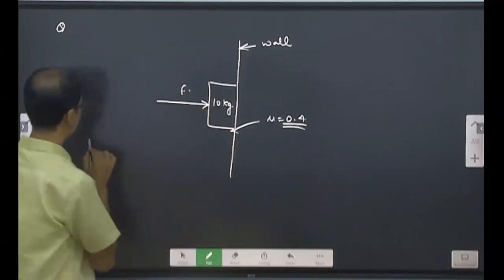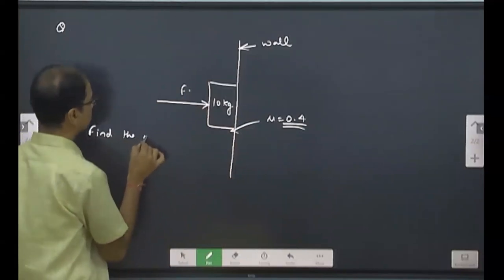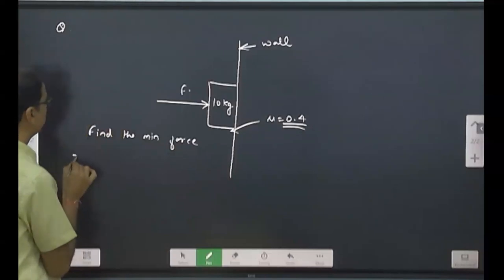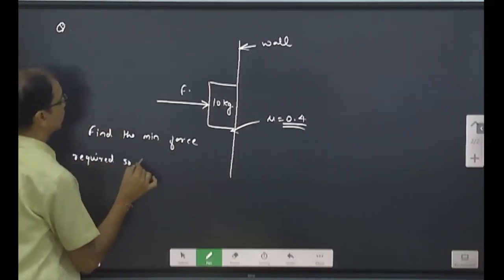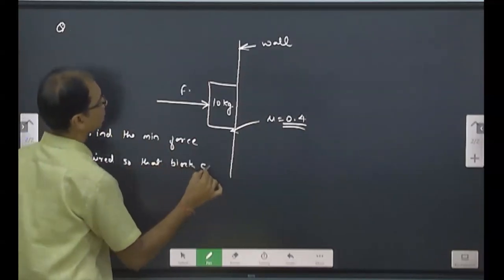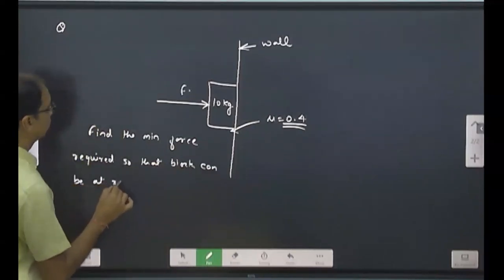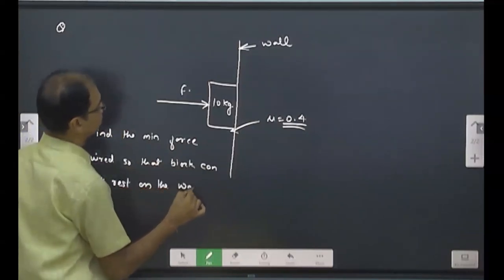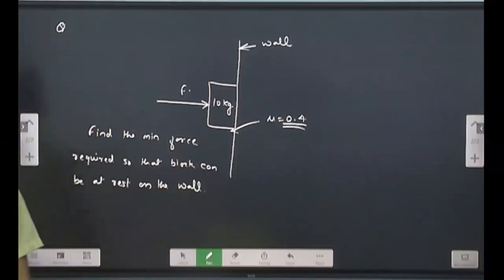Find the minimum force required so that the block can be at rest on the wall. Okay, right, the question.